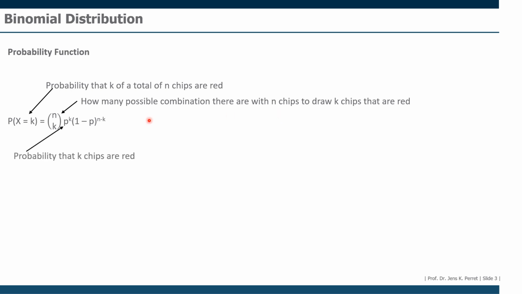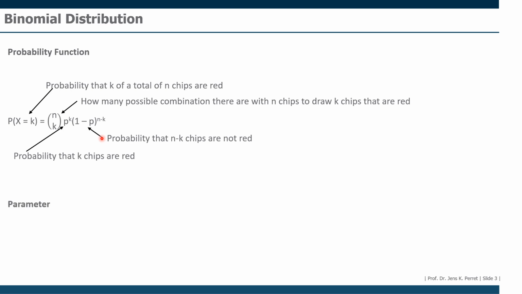We're going to multiply this with the probability that we will get, with n draws, k red ones and n minus k not red ones. So that's the probability of getting the respective amount of draws with the characteristic we're looking for, and the probability that the rest are not of the characteristic we're talking about. So that's the three parts our probability function is made of.